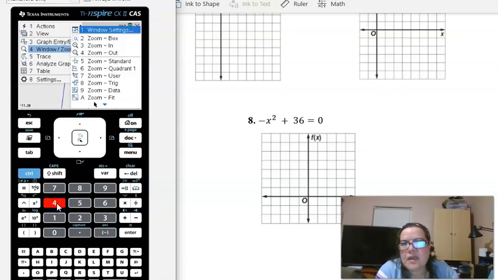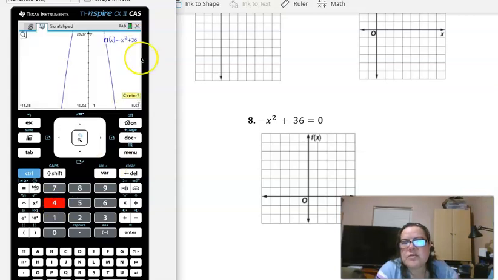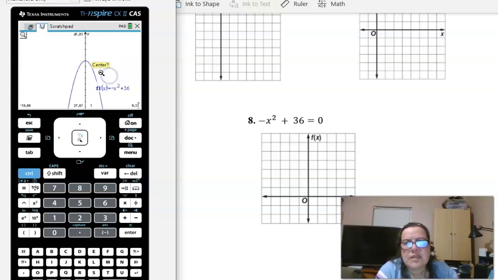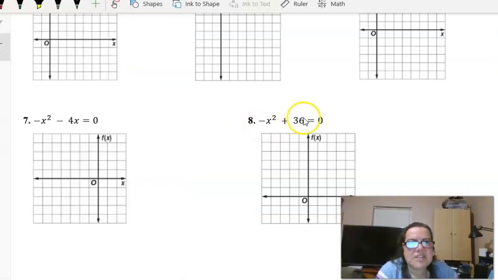So Window, zoom out is 4. So let me now just try to move it like that. Whoa, it's going to cross really, really high, and I can already tell what that number is. That number is 36.